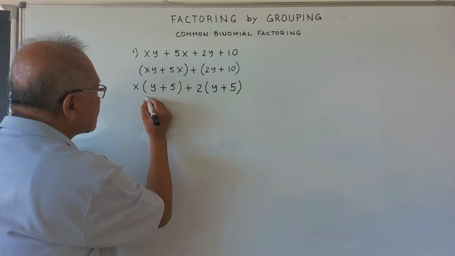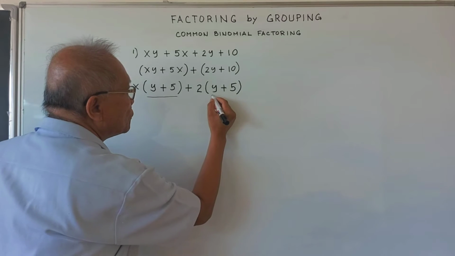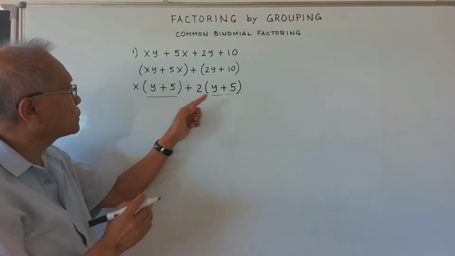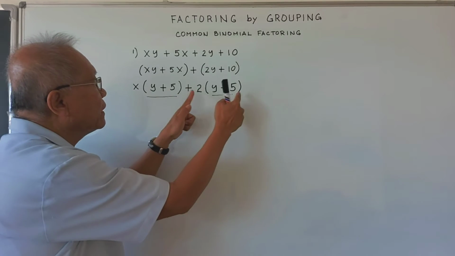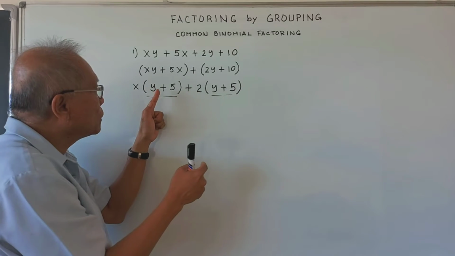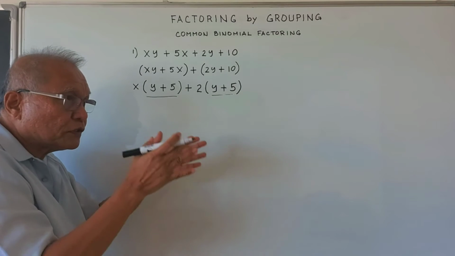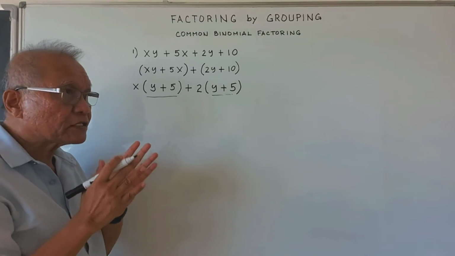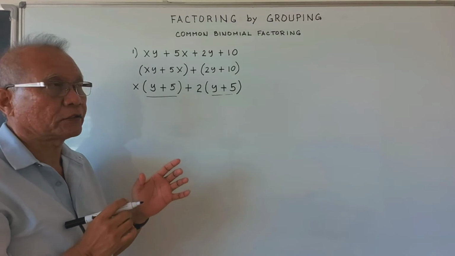So this y plus 5 is a binomial, and this binomial is common to both this pair here and the pair here. So we will remove that one because that is the highest common factor, the highest common binomial factor.